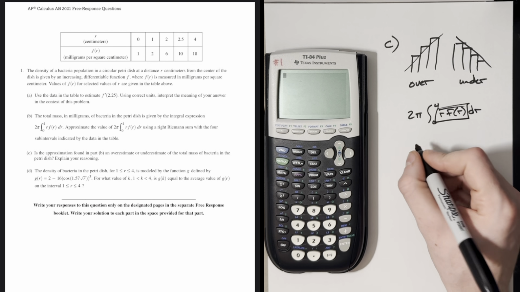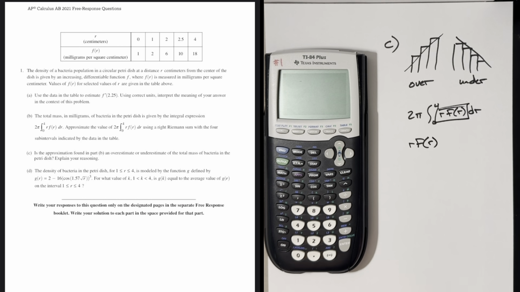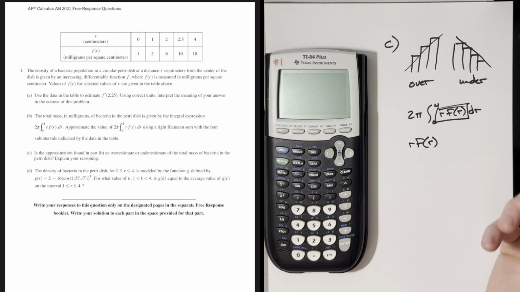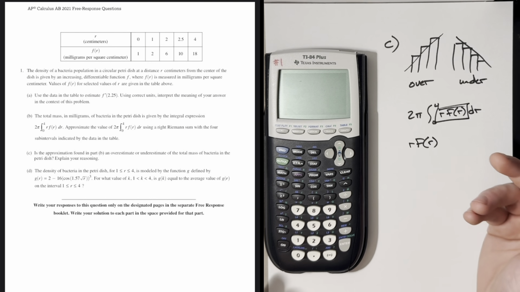That's what really matters. Is r times f of r increasing or decreasing? Let's think about it. As we go to the right, as our r gets bigger, is it increasing or decreasing?